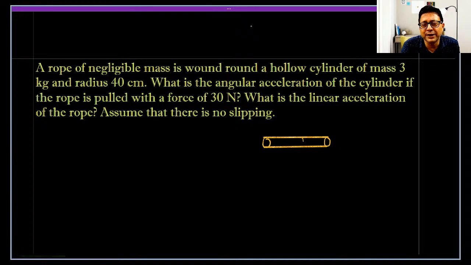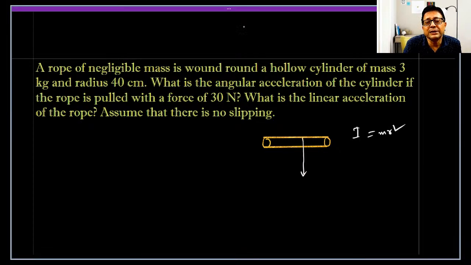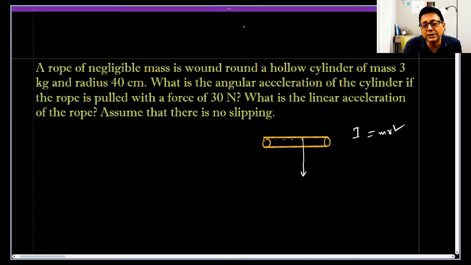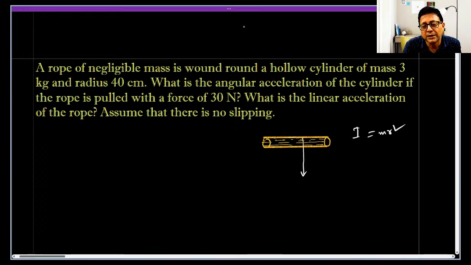This rope is being used to... The hollow cylinder is given its moment of inertia, you know, I equal to just m r square. So if you just imagine the surface of the cylinder, it's like this. This cord is wound over this cylinder.